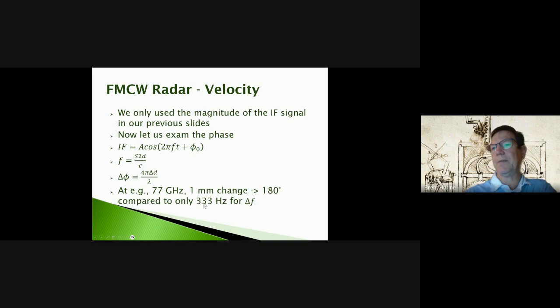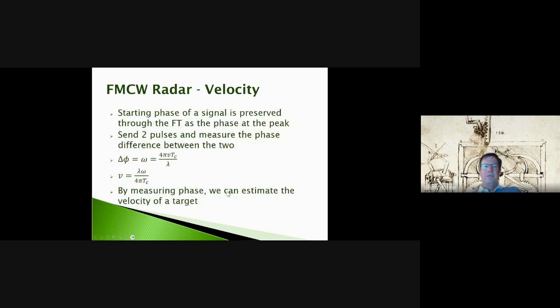That's a really tiny amount when we're talking about signals that start off at a gigahertz. Yes, we're measuring the difference IF frequency, but that's still pretty big, and 333 hertz is really small. But we get a lot of phase shift. Now, we can have some ambiguities if we start wrapping around, but what can we do with this?